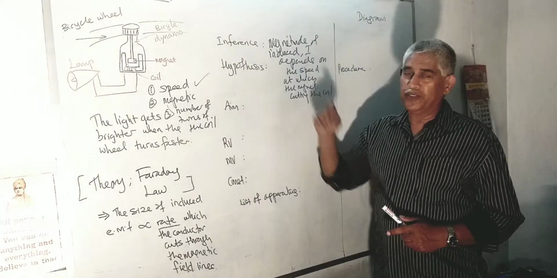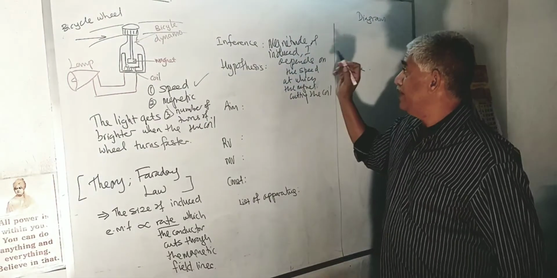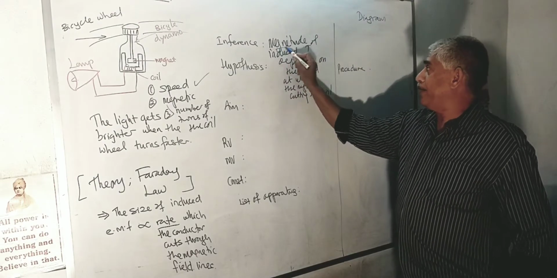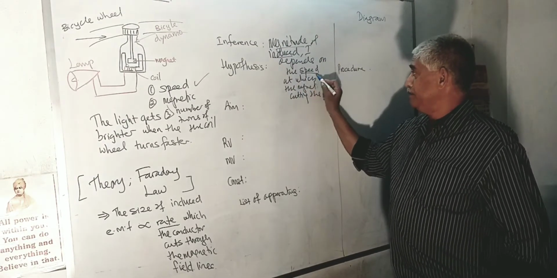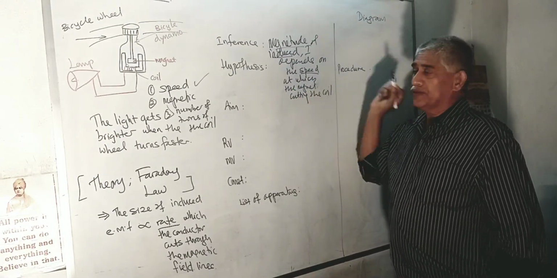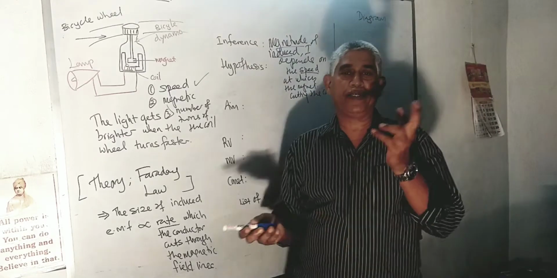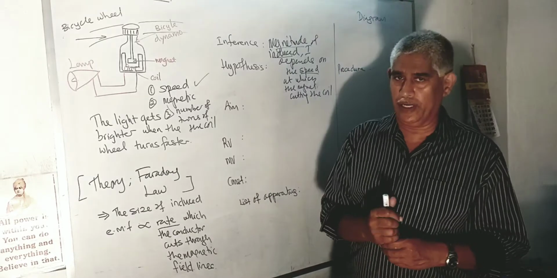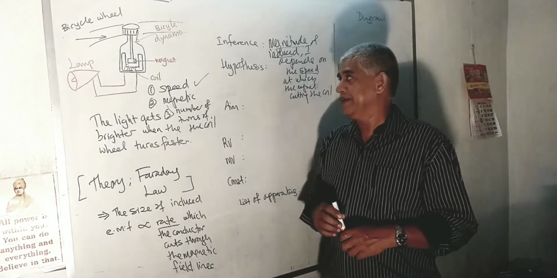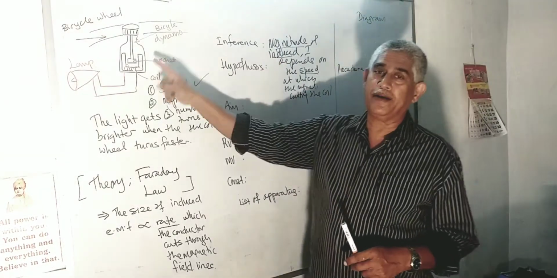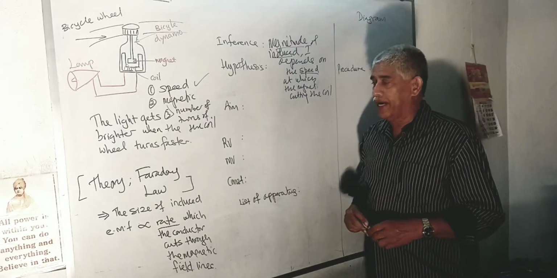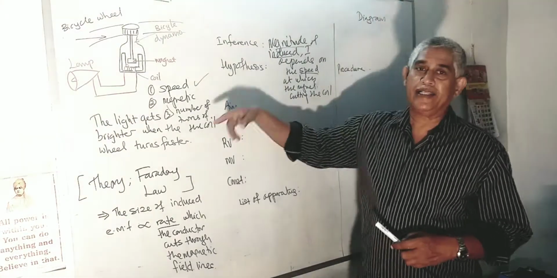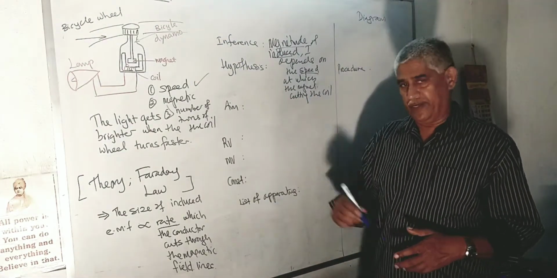Hypothesis is more specific. Here we already identified the magnitude of induced current and speed. So a hypothesis basically relates two variables, directly or inversely proportional, or one increases and the other increases. So we say the faster the magnetic field is being cut, the greater the magnitude of induced current. You can write that down.